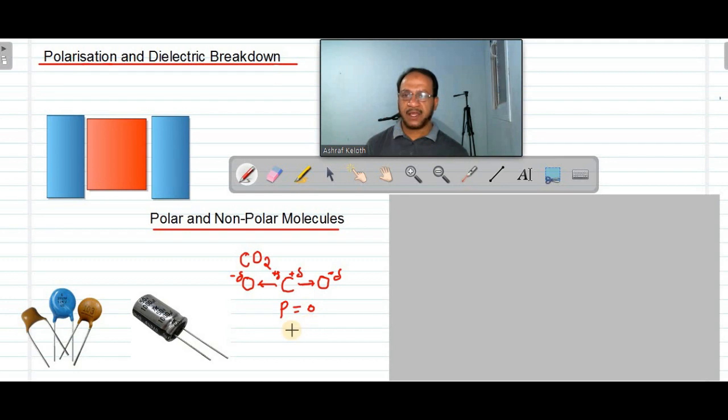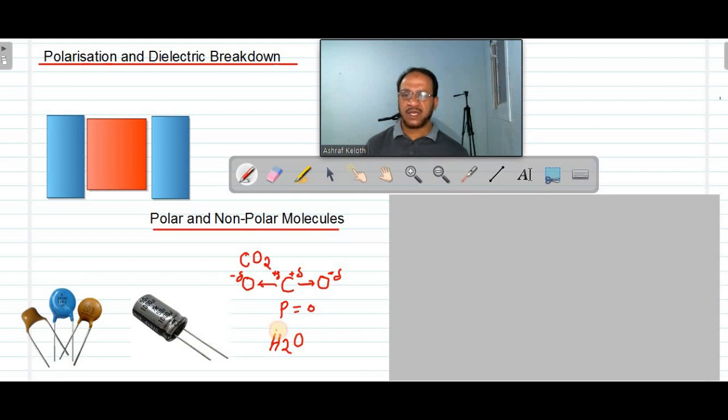Got it? Can you give an example of a polar molecule which has a permanent dipole moment? Water. Very good. H2O. A water molecule is a covalent molecule. The bonds formed between hydrogen and oxygen are covalent bonds. In the water molecule, oxygen is more electronegative.